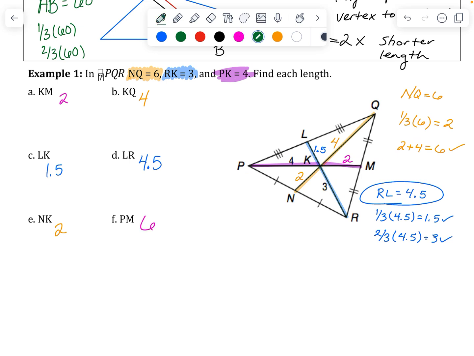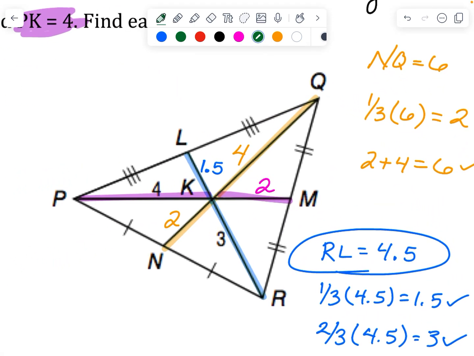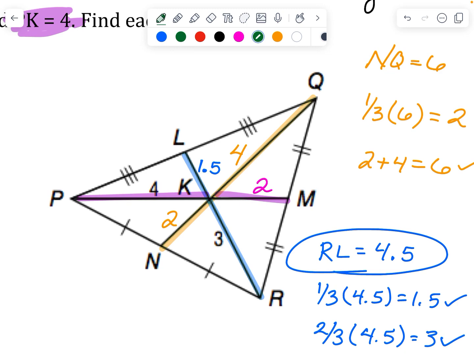Now, one more thing to note. In a centroid problem, I could also give you side lengths. Like maybe this is, I don't know, that wouldn't be 4. Maybe it's 3.71. Well, this is bisecting. It's going to the midpoint, so that would go to 3.71 as well.